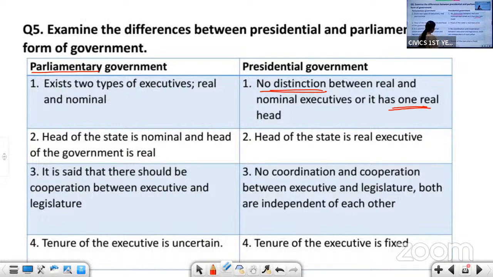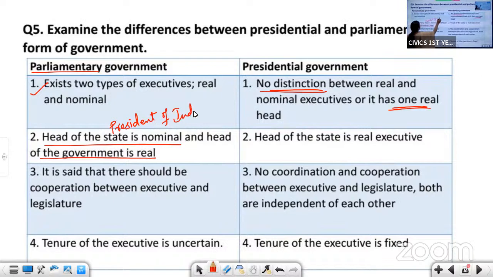So in parliamentary form of government, you have two executives. I hope I'm clear with the first point. So let us see the next point. The head of the state is nominal and head of the government is real. Just now I have explained this. The example here we can say is the President of India.